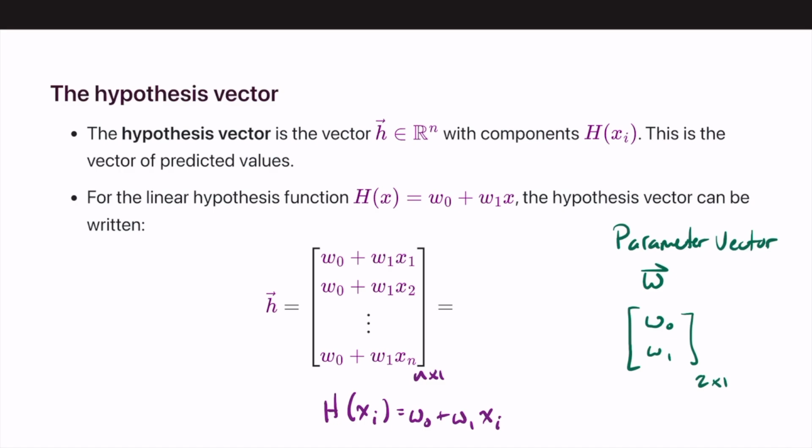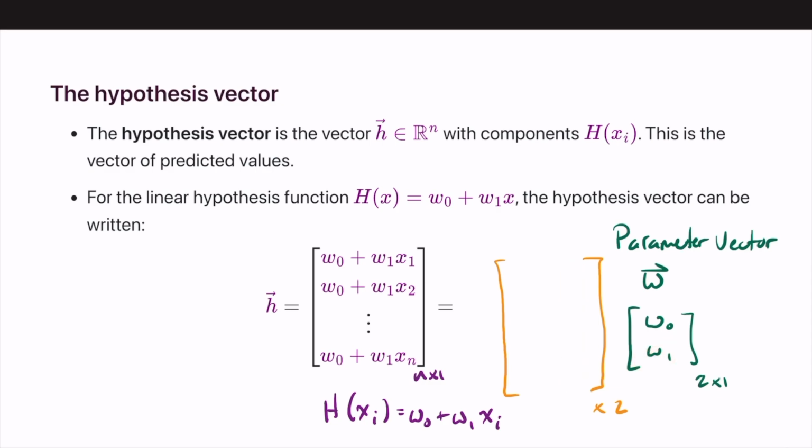Now, if we've put out these w's and we have a 2 by 1 matrix, we know that we need to have something else to multiply this parameter vector. And this needs to be a something by 2, because those inner numbers need to match. Because we're going to take our w naught and multiply it by something here, and our w sub 1 and multiply it by something here. So we have two columns.